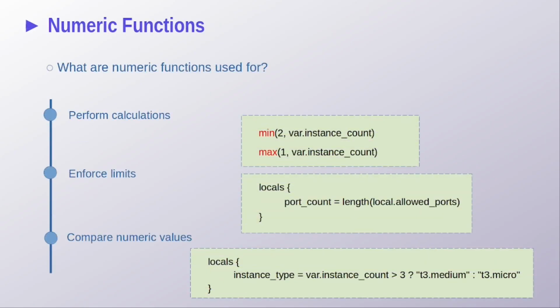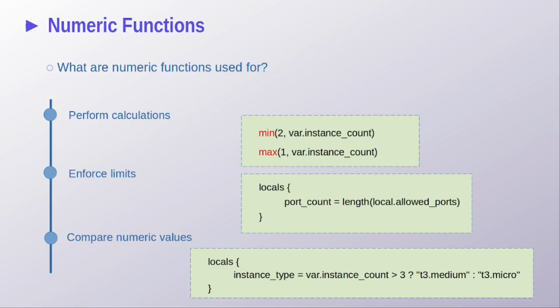Number functions. Why numeric? Numbers control scale, size, limits, and cost. Terraform number functions help you compare numbers, enforce boundaries, and calculate values. Example 1, min and max. Meaning never create more than 2 and never create less than 1.